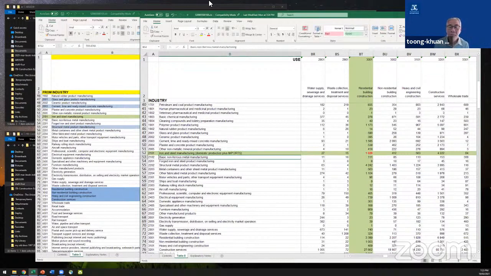So two different types of figures. One is where the imports are allocated to the user. Second one, table 8, is where the imports are allocated to the supplier. And it has different users. Later on, I'll show you.